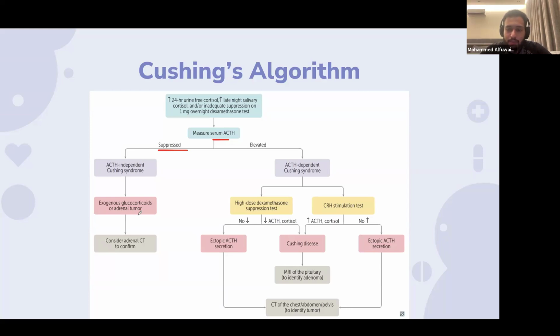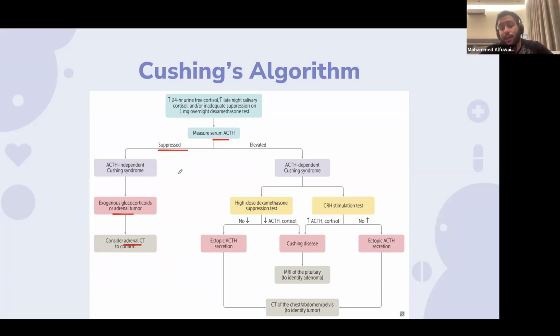Exogenous steroids. Good. That's the most common cause. So when taking history, if they have, for example, autoimmune diseases or inflammatory states, and they're taking steroids and they have Cushing's, that's your reason. It says it in the history. The other type is adrenal tumor. An adrenal tumor is ACTH independent because the high cortisol causes feedback inhibition of ACTH. So that's why you do an adrenal CT afterwards.